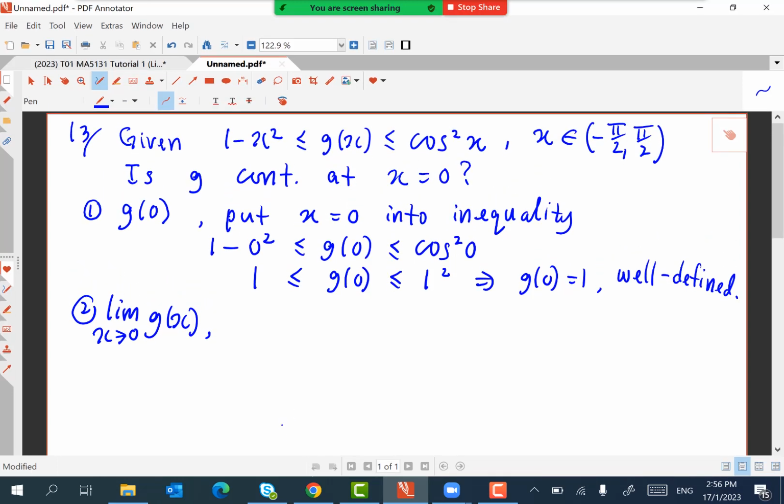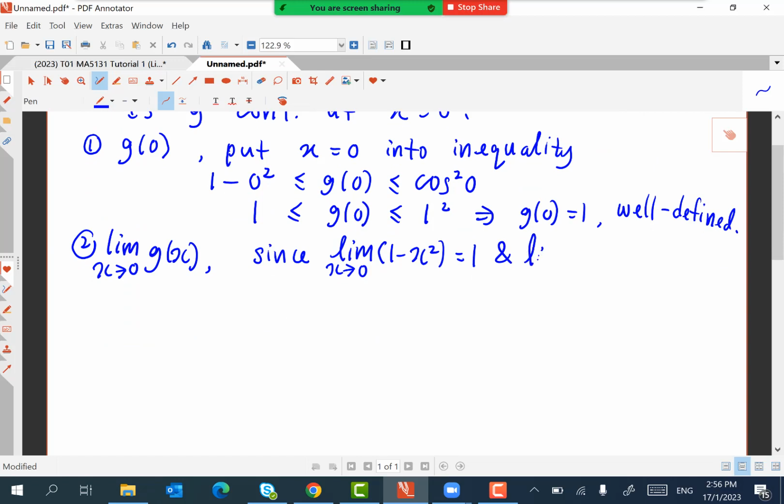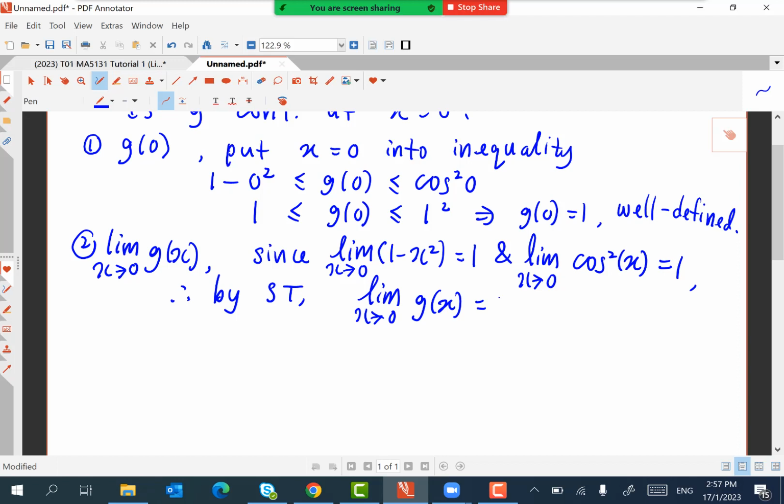To do this, we say that since the limit as x goes towards 0 of 1 minus x squared is equal to 1, and the limit as x goes towards 0 of cosine squared x is also equal to 1, therefore, by the squeeze theorem, the limit as x goes towards 0 of g(x) is equal to 1.